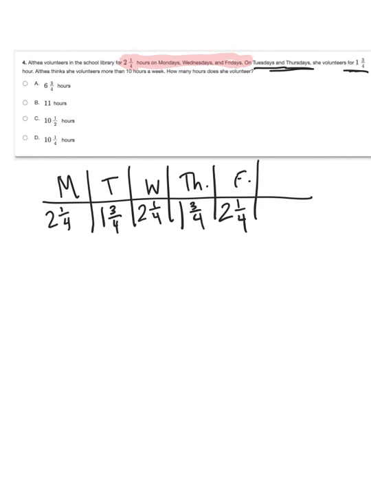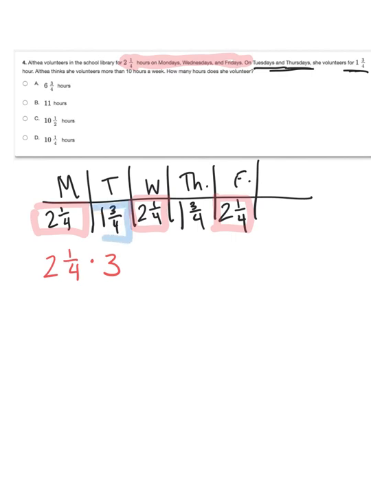So all together, we need to figure out how much time she's spending volunteering at the library. We can take the time that she's there on Mondays, Wednesdays, and Fridays and multiply that times 3. Then we'll know her total for at least those 3 days.